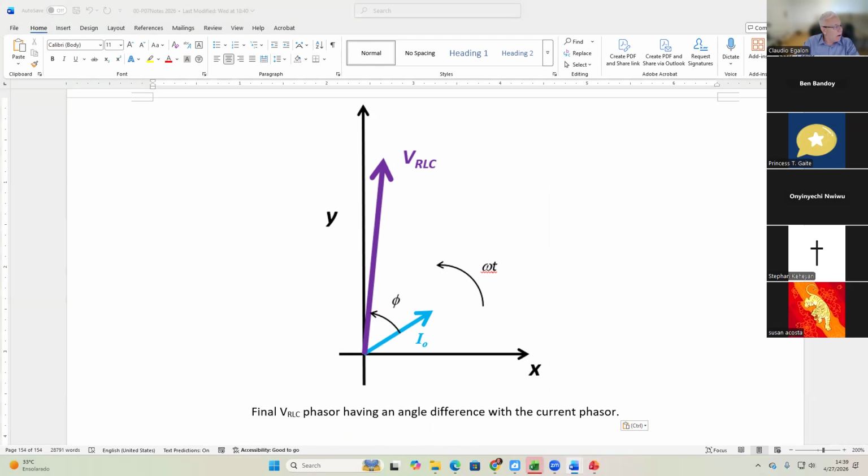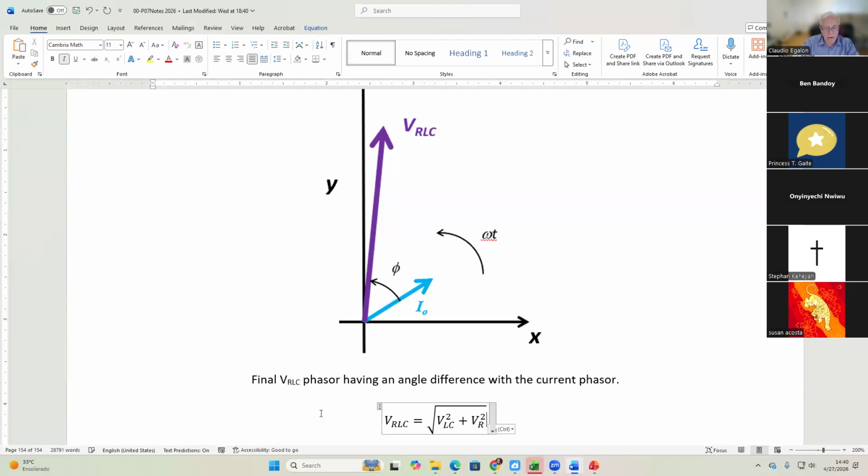And now what VRLC is gonna be? Okay, VRLC is going to be written in the following way. Here you go. The VLC and VR make an angle of 90 degrees, right?